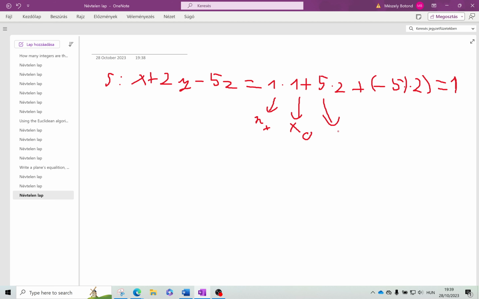This is n_y, the normal vector's second coordinate, and y0, and this is n_z, the third coordinate of the normal vector, and this is z0, and obviously x is x, y is y, z is z.